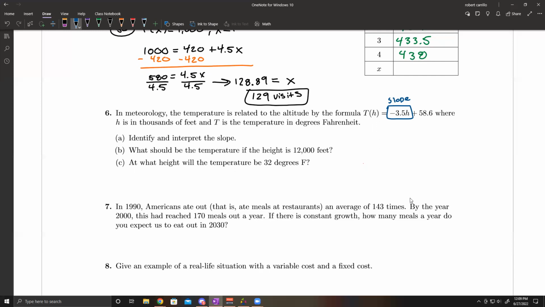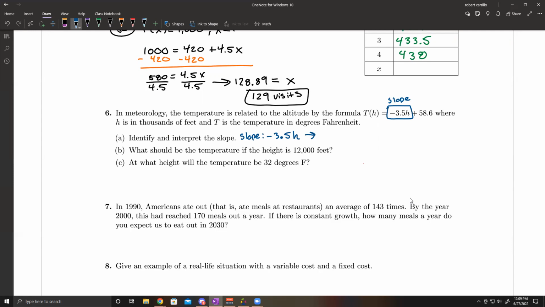So it just makes sense. Whenever you see those mountain climbers, the higher they get, the colder it gets, right? So for A, we know that the slope is negative 3.5. I'll put the H on there.